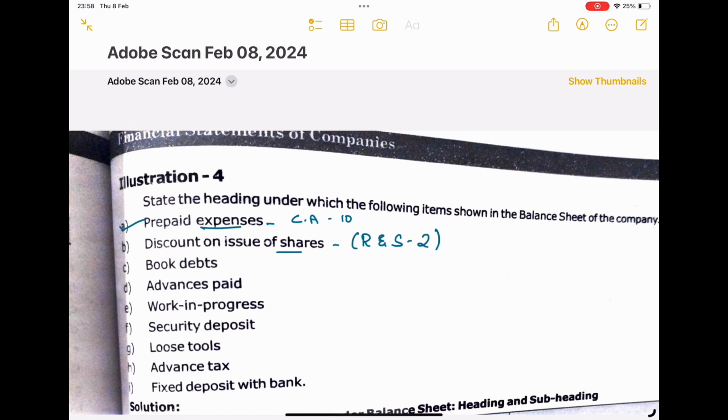Next, book debts. Book debts are nothing but the actual amount given to the debtors. So book debts are nothing but the value of debtors, isn't it? So we are going to write the debtors in trade receivables.